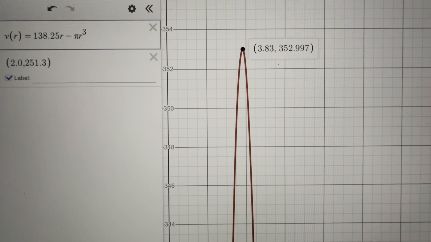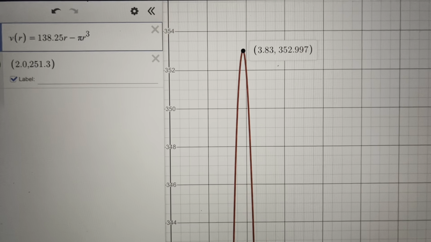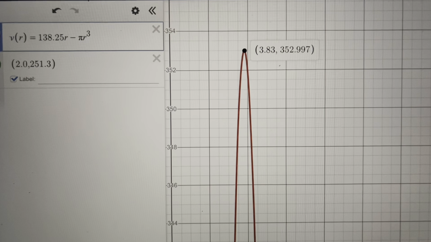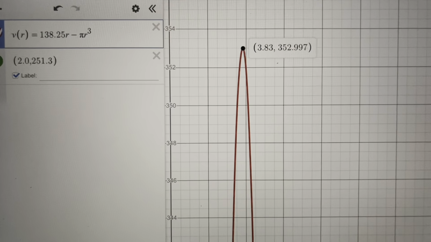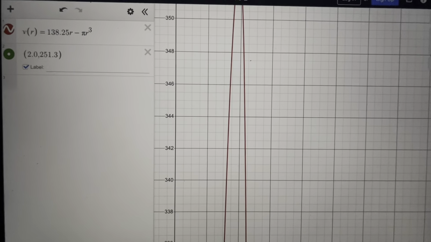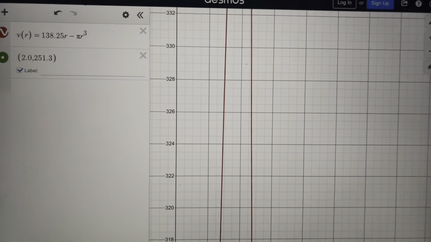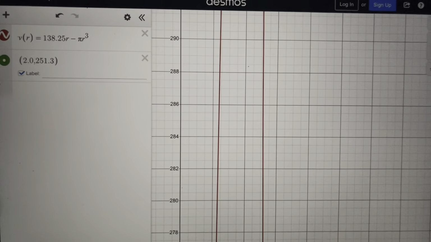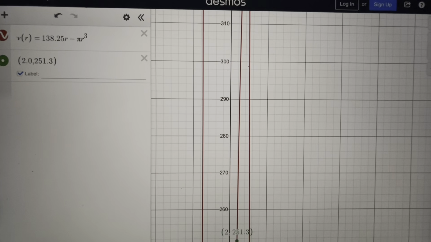Notice now what I did is I did parentheses 2.0, that was the original can's radius, comma, 251.3. And I clicked that I wanted that labeled. Look at that point. That point is way down here in green. I still have to keep on going to find it. You can see, maybe it's easier if I do this.